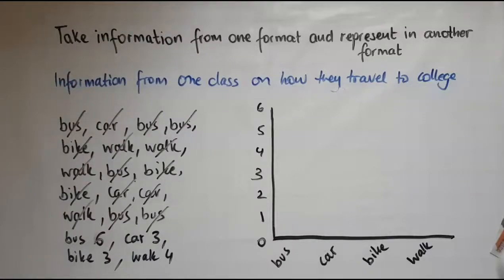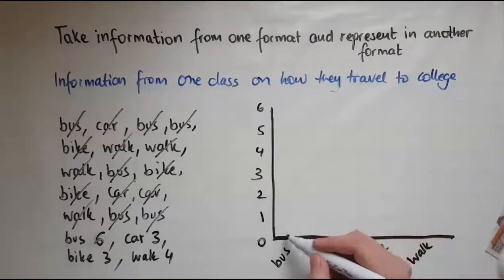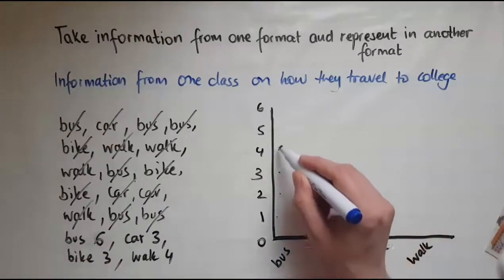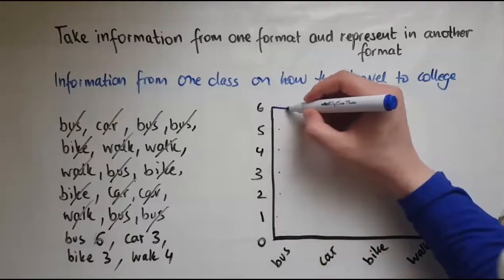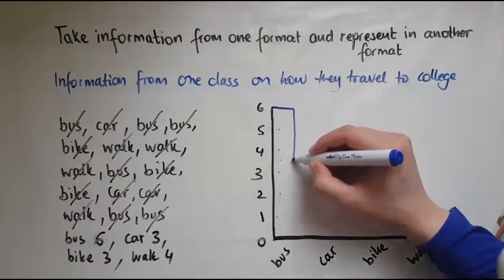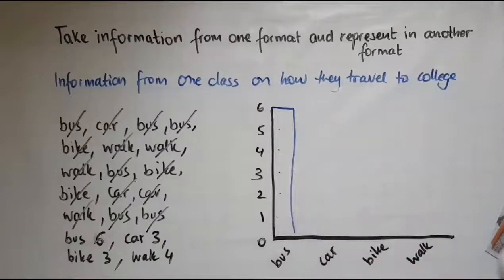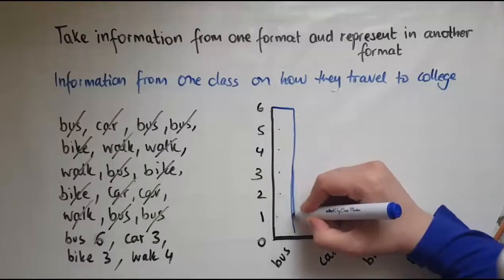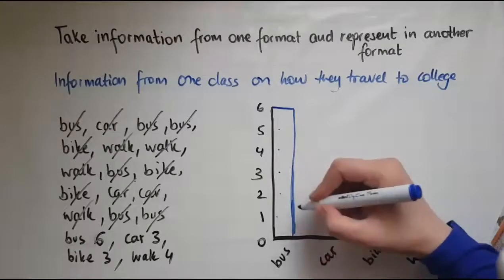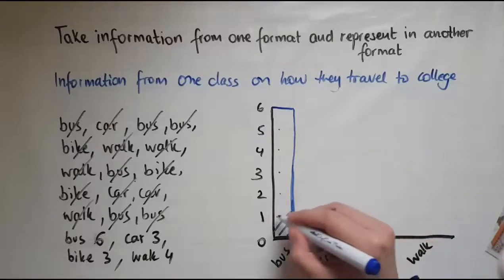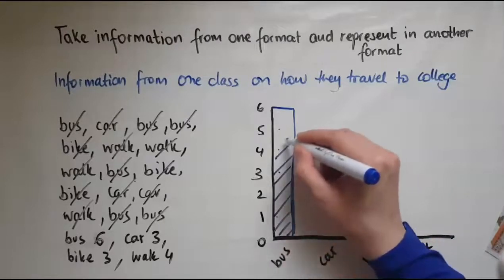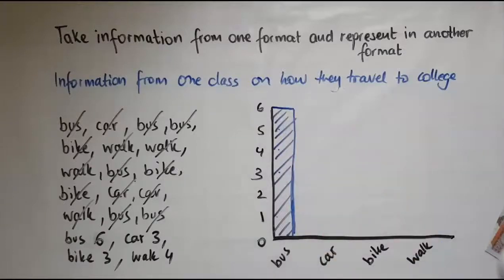So what I'm going to be doing now, showing how many travel by bus. So we've got bus, that's 6. So I'll go 1, 2, 3, 4, 5, 6, showing that here. Now you could color this in or draw lines in it, however you wish. I'll go for the lines because it's easier.